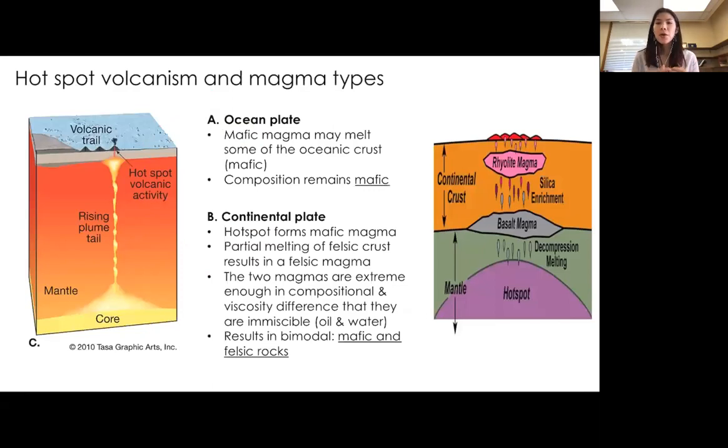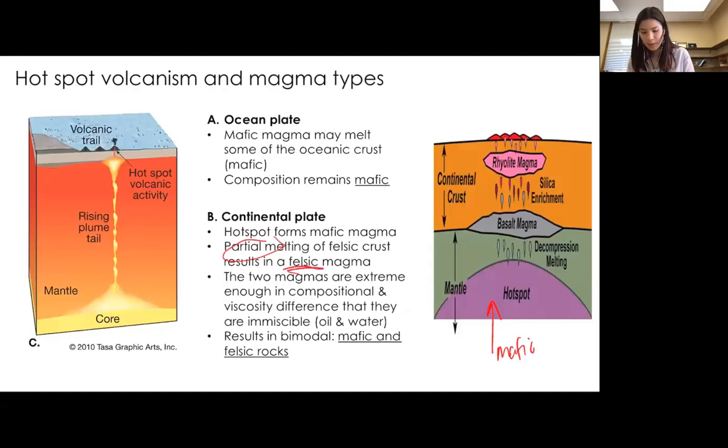We also have some hotspot-like volcanism to the south of us in New Mexico. And here we do get things like partial melts occurring, and some fractional crystallization that is going to change the composition. However, we have a very interesting phenomenon here. We have a very mafic hotspot that comes up, and it continually adds more mafic lava. As this magma rises towards the surface, it goes through partial melting, and it gradually transitions to being felsic.